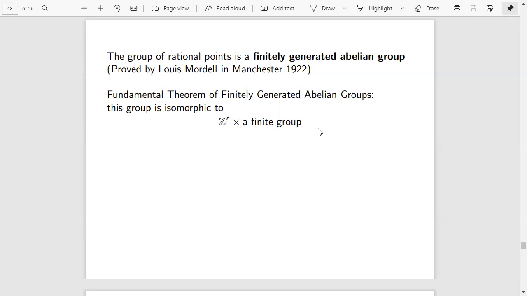So this r basically tells us how many points I need to generate the entire curve. If I translate that into geometry, instead of thinking about groups, it would be how many points can I start with, and by doing the drawing lines process, combined with reflecting in the axis, can I get to everything? All the rational points. So it has to be a linear transformation.